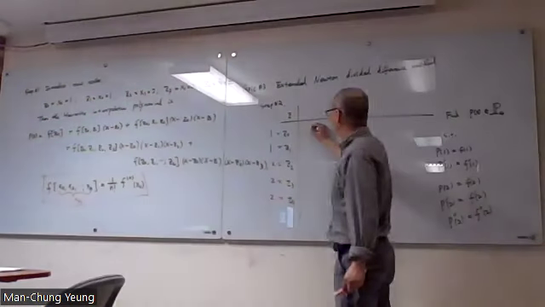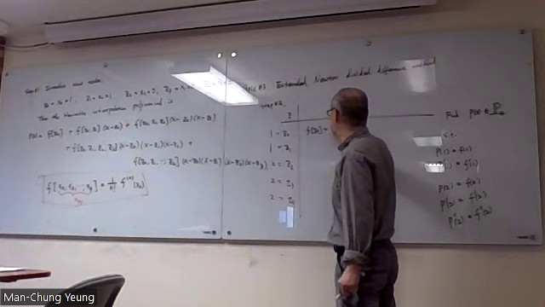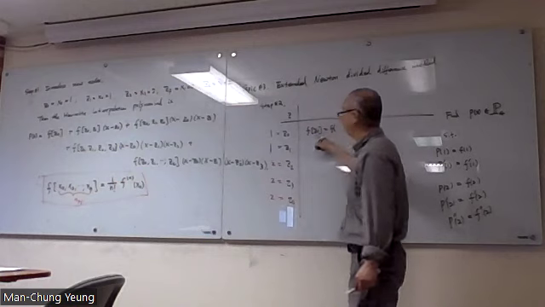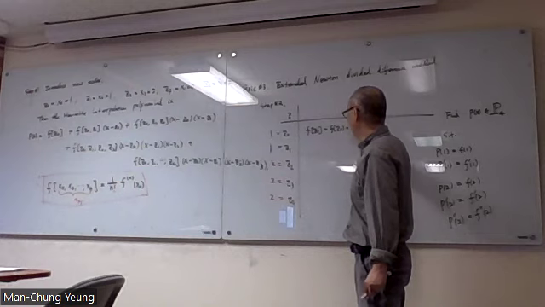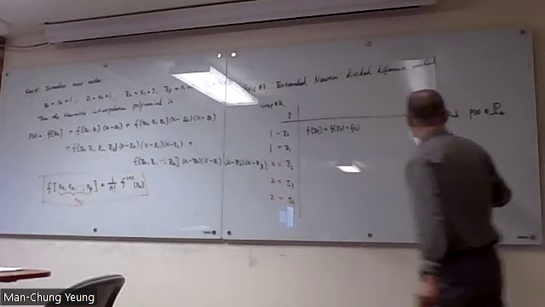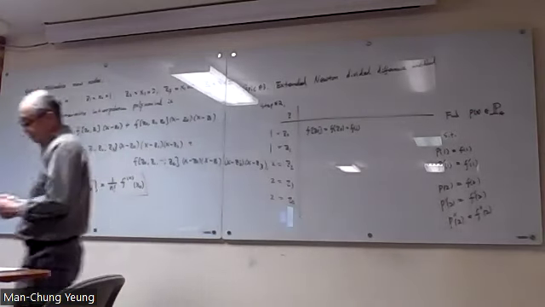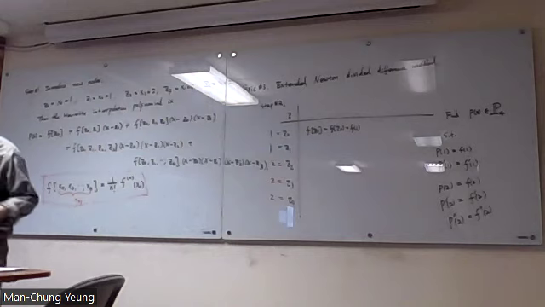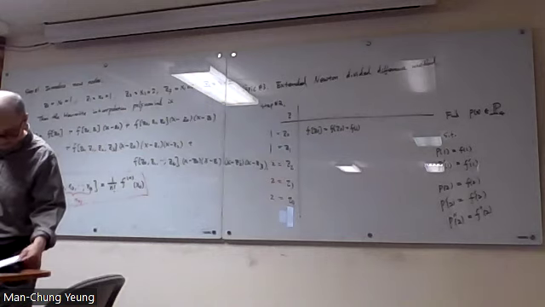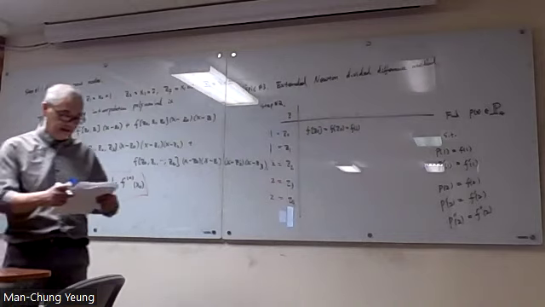First column, function value at C0. Yeah, this is a function value at C0. C0 is 1, function value at 1. What is that? I have erased. It is number 3.